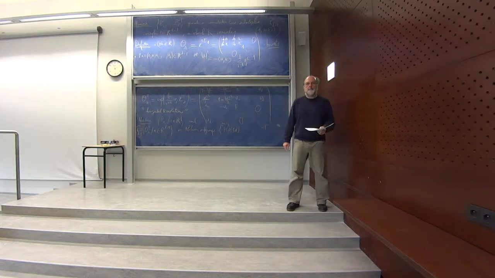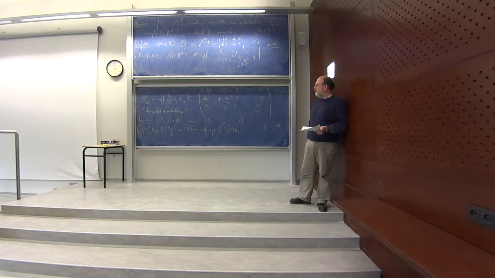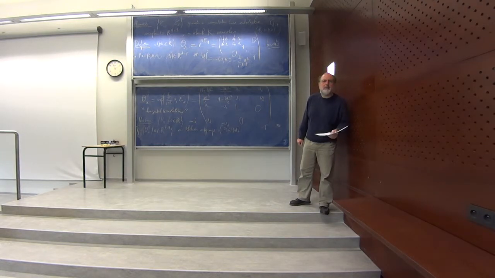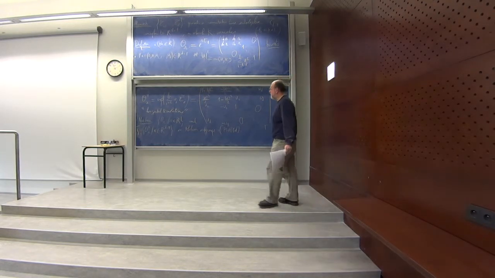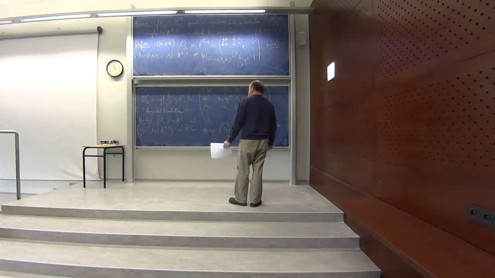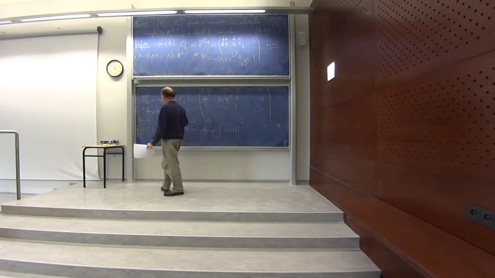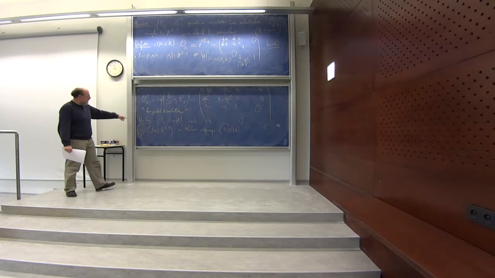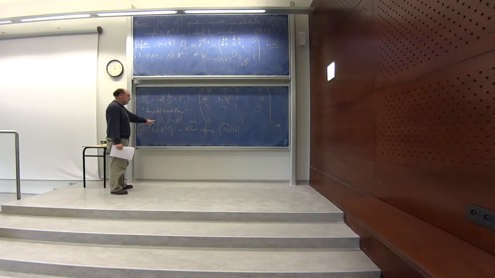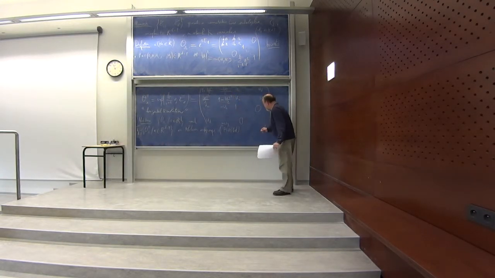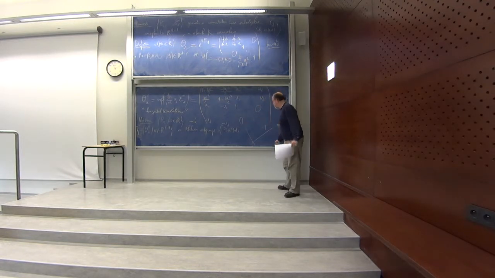Can you make a picture? How does this theta u act on Minkowski space? Can you make a picture of the action of this guy over Minkowski space? I had the intention to draw some pictures.